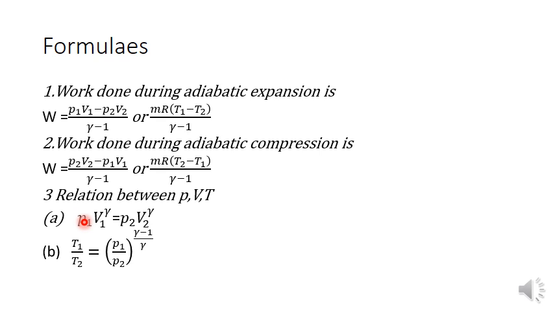PV is equal to mRT, so we can write P is equal to RT by V. By substituting the value here and simplifying, we can write the equation as T1 by T2 is equal to (V2 by V1) whole power (gamma minus 1).